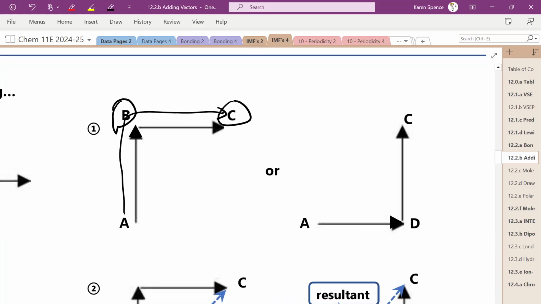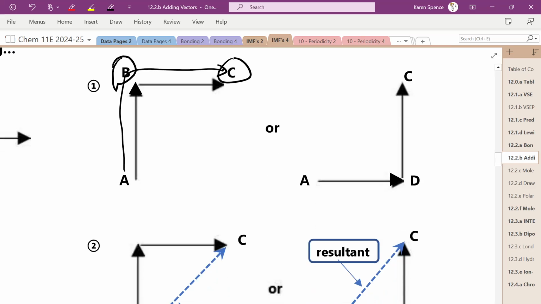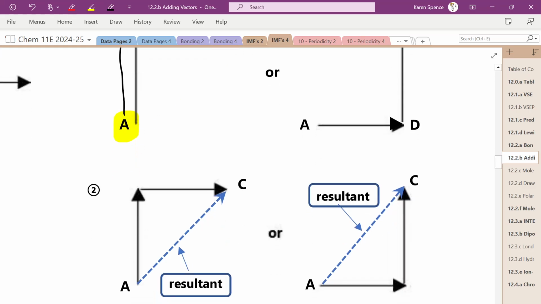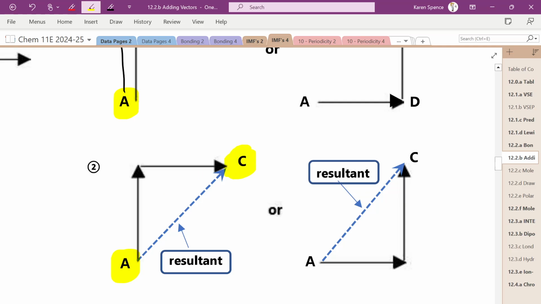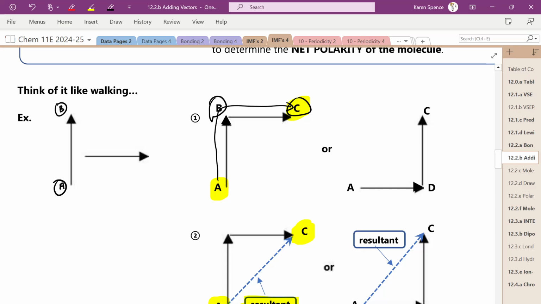Adding the vector just means doing it as the crow flies rather than in an up and across fashion. So adding them up means I need to travel from A to C, but I do it in the most efficient way possible, which is on the diagonal. And that gives me what they call a resultant. Now it is possible for me to take these 2 arrows and attach them in a different way. I could put the sideways arrow first. I could go from A to D.